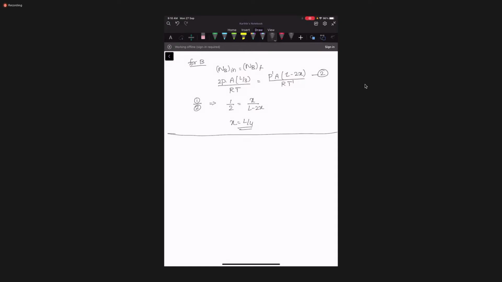Now the rate of the gas outflow will be? Gas molecules are leaking, right?